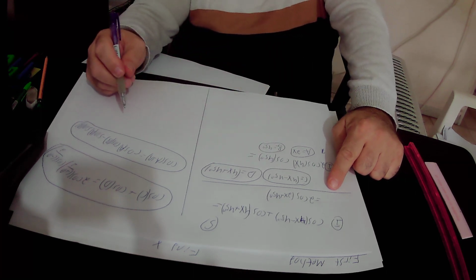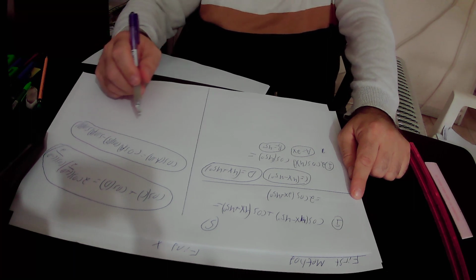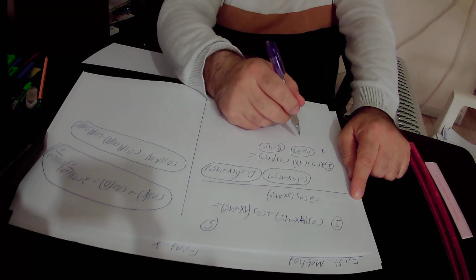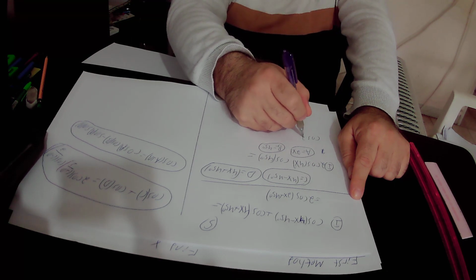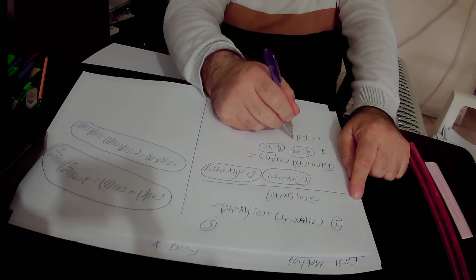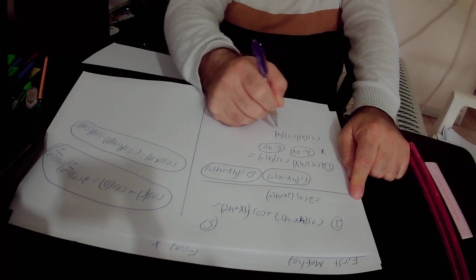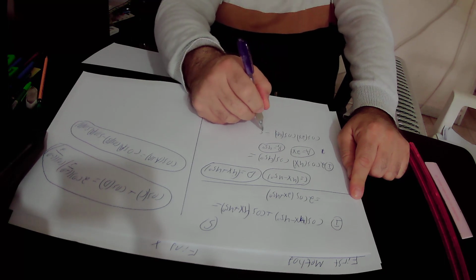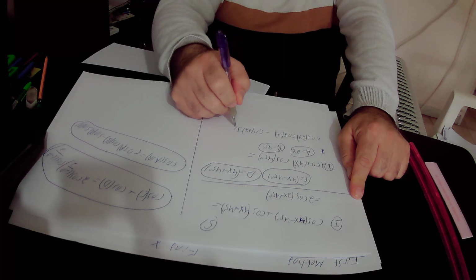So cosine a plus b is cosine a cosine b. That is to say a is 2x, so it is cosine 2x, and b is 45 degrees, so it is cosine 45 degrees minus sine 2x sine 45 degrees.